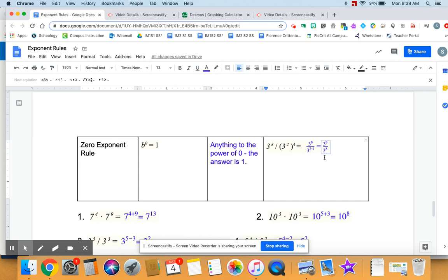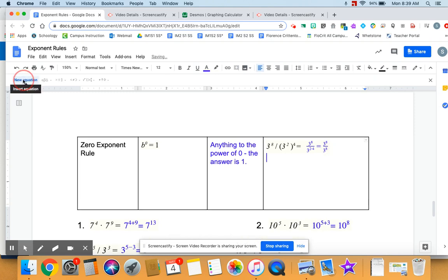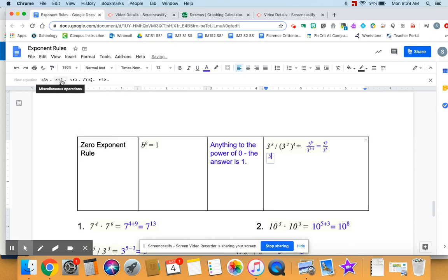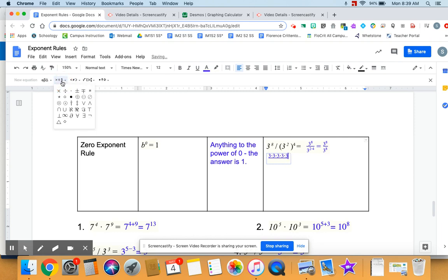Well, because it's the same on top and bottom, if I were to cancel them all out, it would be 1, 1, 1, 1, 1, 1. All 8 of them would become 1s. Here, I'm going to actually show that. So 1, 2, 3, 4, 5, 6, 7, 8.